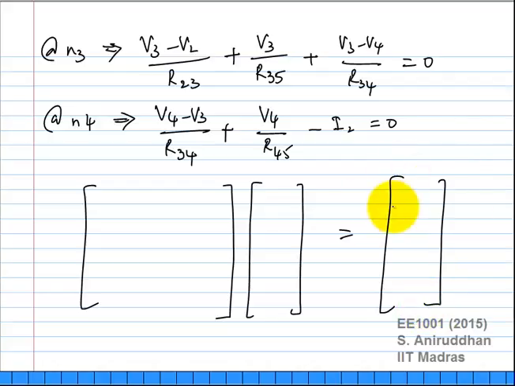The vector on the right hand side of the equation is going to be the vector of all independent current sources. Okay, so this vector is going to contain independent current sources plus maybe some zeros.